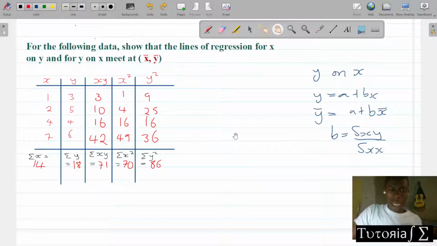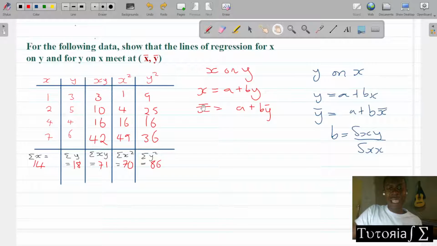For x on y, the equation that governs it is x equals a plus by, and the estimate for the mean is given by x bar equals a plus b y bar. And what you're going to need for b is Sxy over Syy.